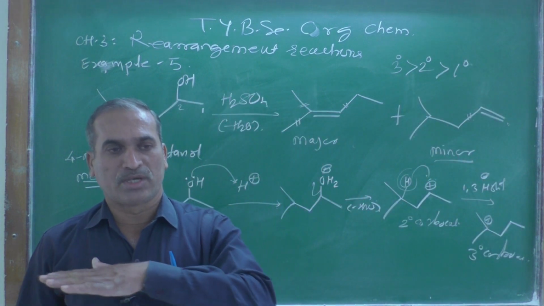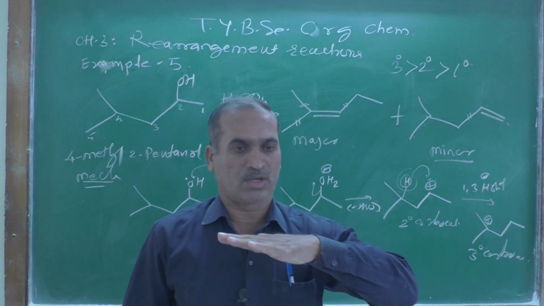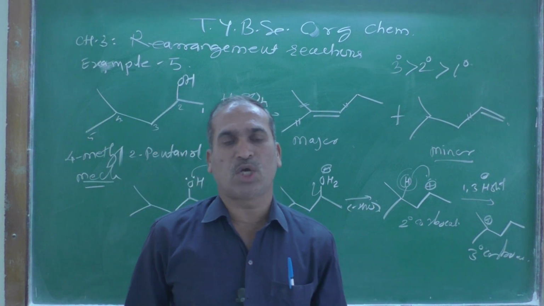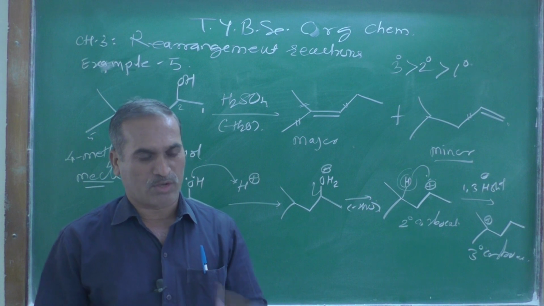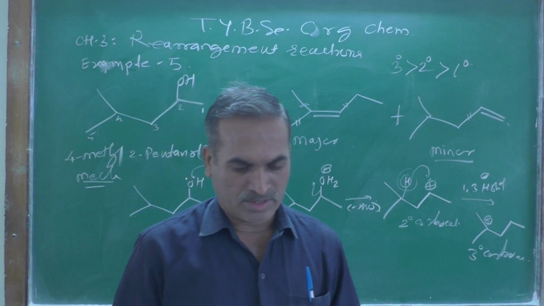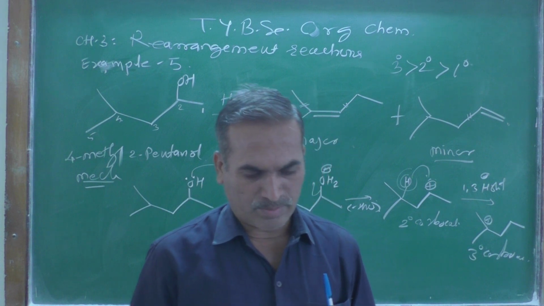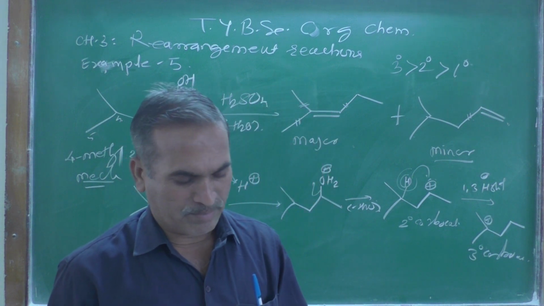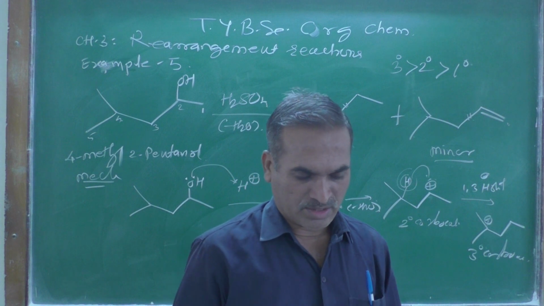This is the general stability order of carbocations. So in this way we can get this type of product.